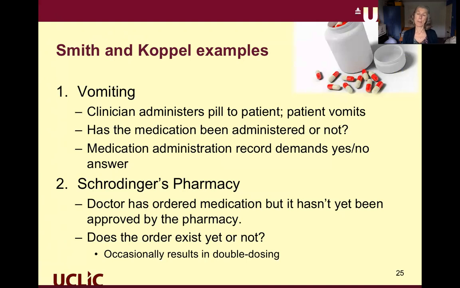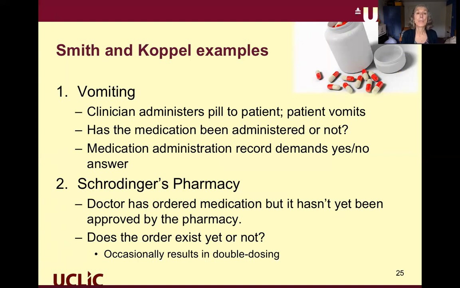So the first one is about vomiting, where in a hospital, a clinician administers a pill to a patient, but then the patient is sick. And the question that Smith and Koppel ask is, has the medication been administered or not? This matters because, of course, the clinician is actually trying to get a particular dosage of the drug into the patient in order to have the right effects.